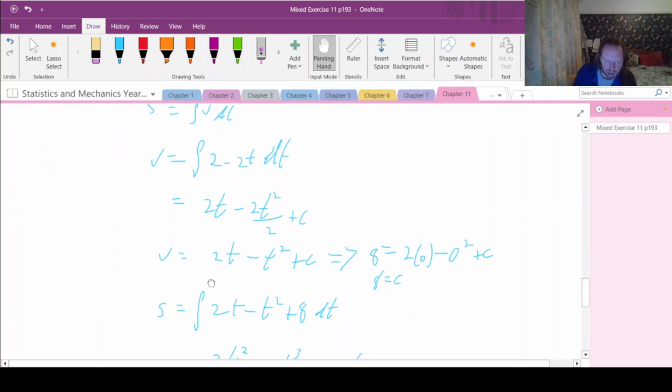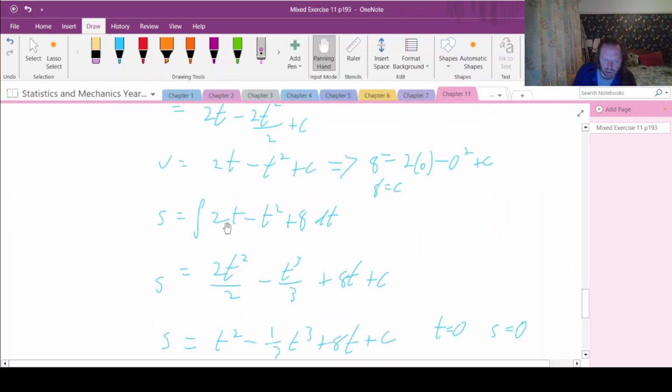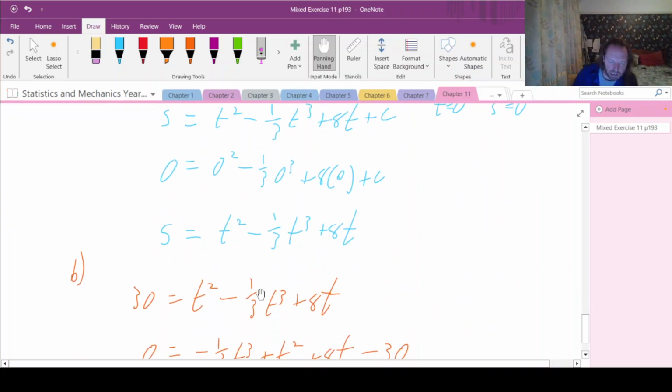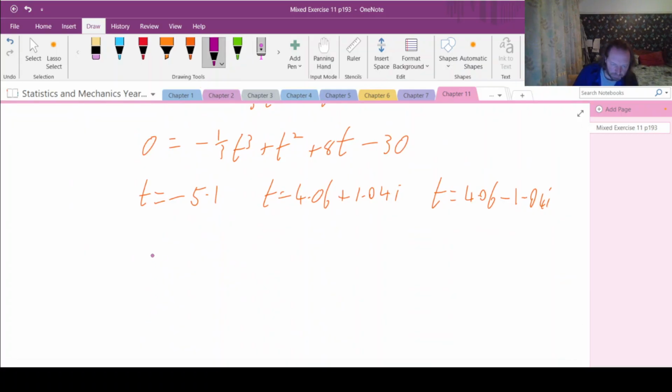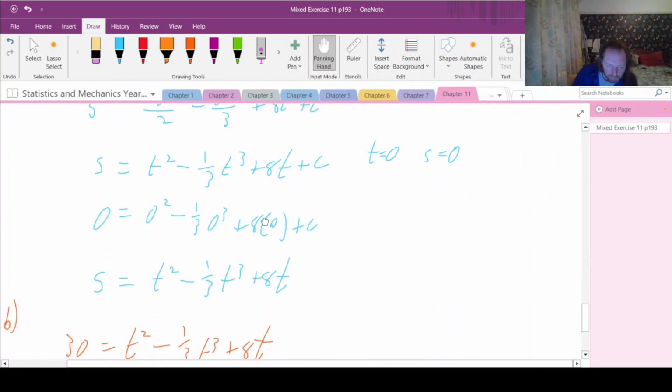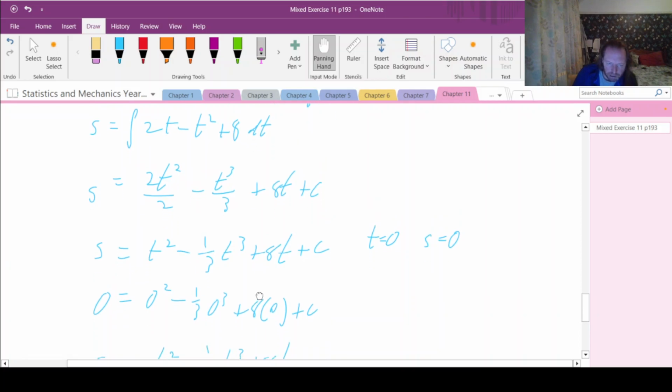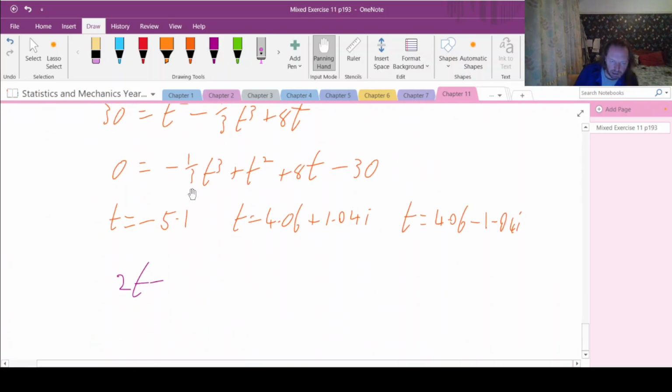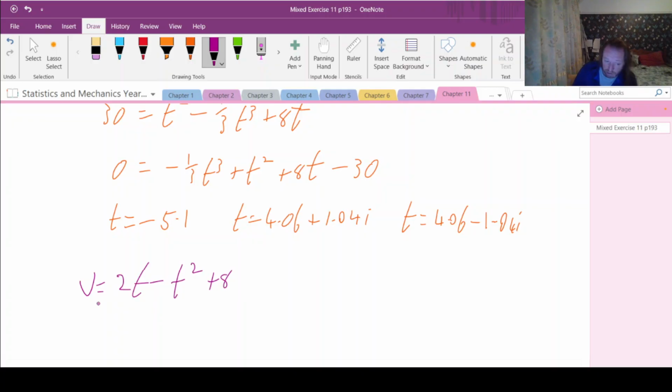So if we take the velocity, which was 2t minus t squared plus 8, that is equal to the velocity. How many seconds will it take for my velocity to get to 0, i.e. for it to stop? I know it started at 8.